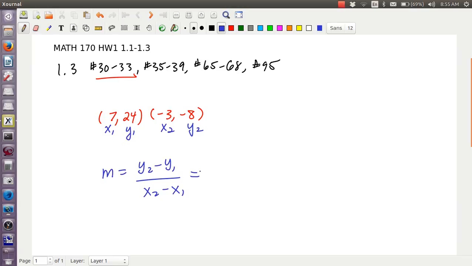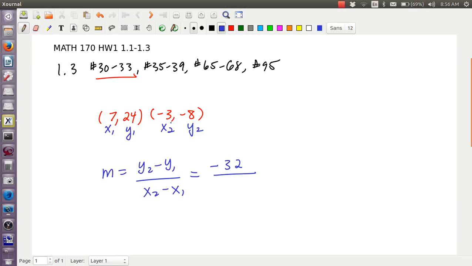The only thing you have to really be careful of is making sure the negative sign is in the right direction. So it can be y1 minus y2 as long as it's also x1 minus x2. So y2 minus y1 in this case is going to be a huge negative value, -32, because I'm already taking -8 and subtracting 24 from it.